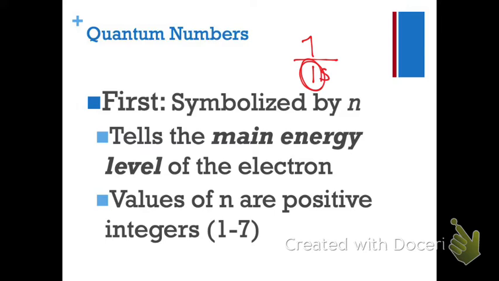Okay, so my first part of my quantum number would just be 1. If my electron was found in the 3d orbitals, what would my principal energy level be? 3, right there. Right? It just comes right from our chart, or right from your orbital notation. Okay, values of that first part of our quantum number cannot be 0, and they cannot be greater than 7, right? It just has to be a positive integer 1 through 7, depending on what energy level it's in. Okay?